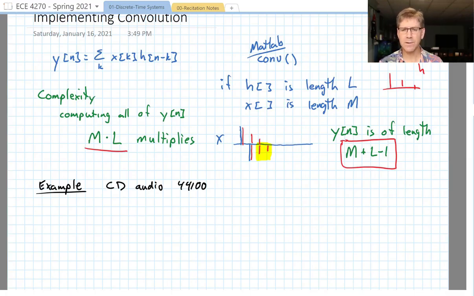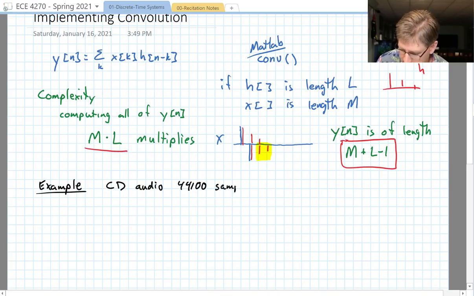I can select it to emulate different environments. So I put in my CD, and if I want it to sound like I'm listening in a concert hall where we have some reverberation, I hit concert hall and it adds the echo and reverberation. It's something of dubious benefit, but it's kind of fun.